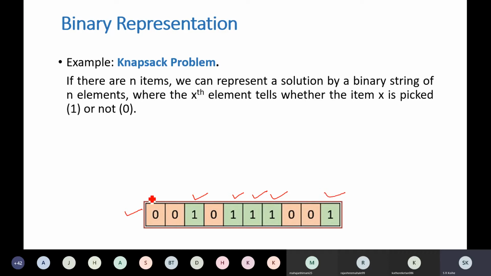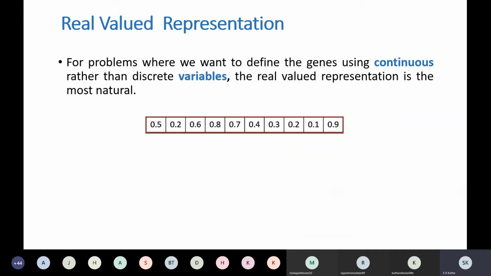So if the third object is selected, the entry is 1; fifth is selected, so the entry is 1. This is called binary representation, where a binary string is used for representing a solution.